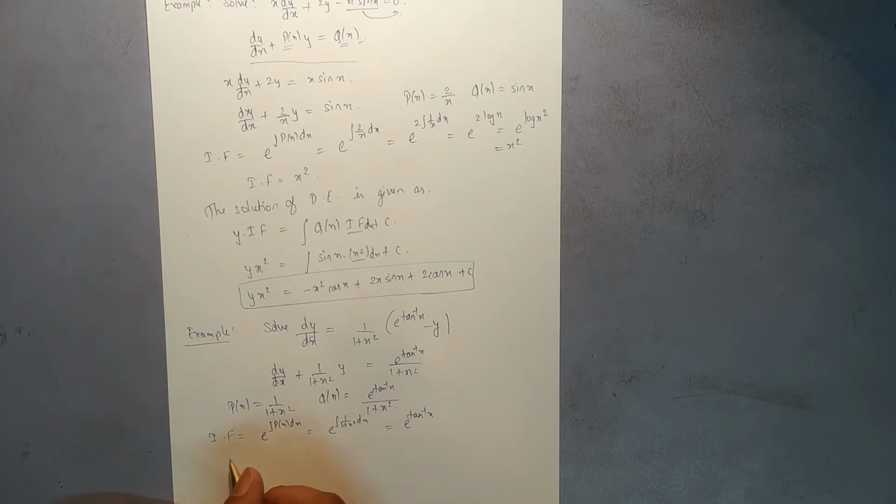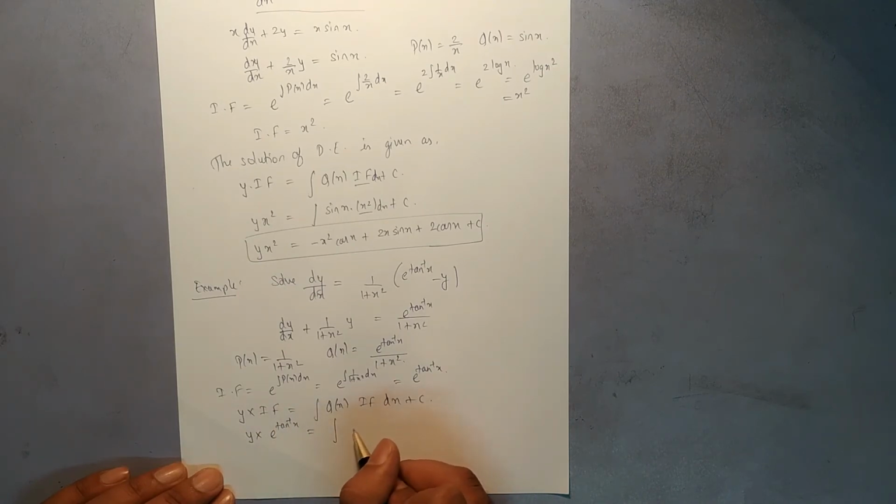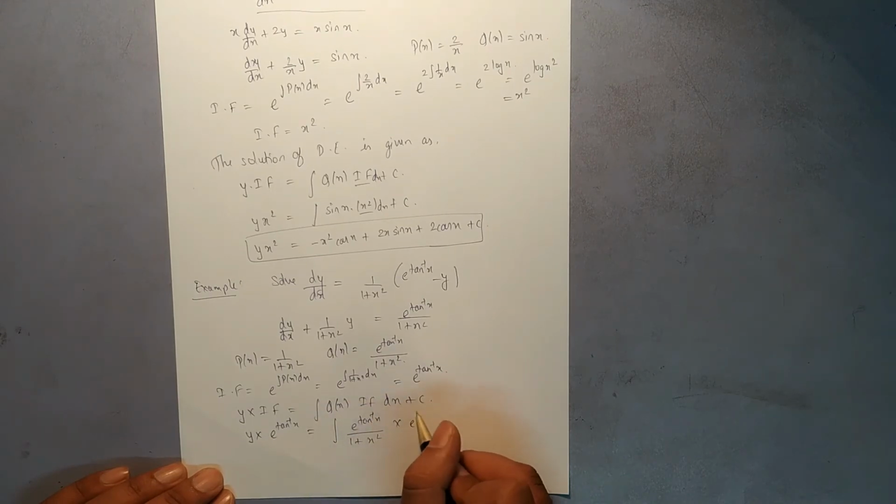The solution of the differential equation is given as y into integrating factor is equal to integration of q of x into integrating factor dx plus c. Now putting the values of integrating factor and q of x, we get y into e raised to tan inverse of x is equal to integration of q of x, which is e raised to tan inverse of x upon 1 plus x square, into e raised to tan inverse of x, dx plus c.